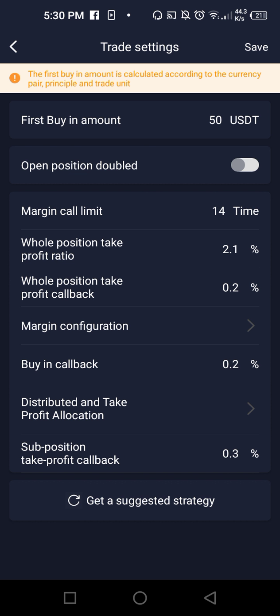This last option, sub position take profit callback. This last option is telling the bot that all those sub positions that you saw there, at the respective percentages, get ready to sell. However, if it dips down by 0.3, you have no option than to sell, actual sale.